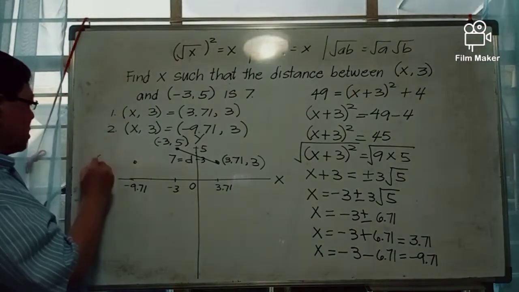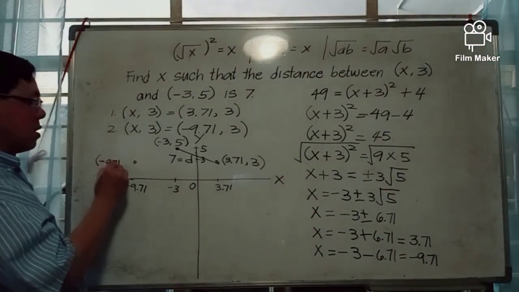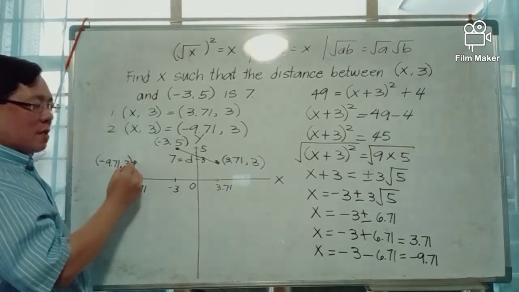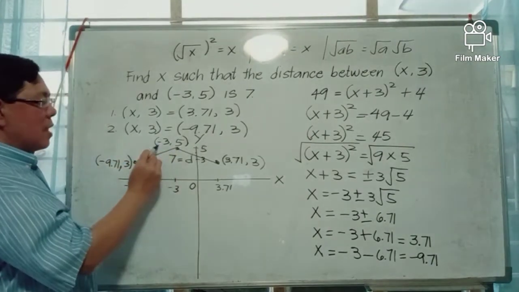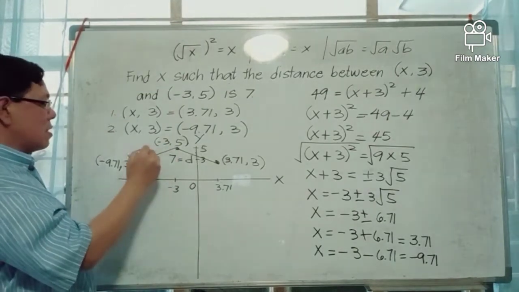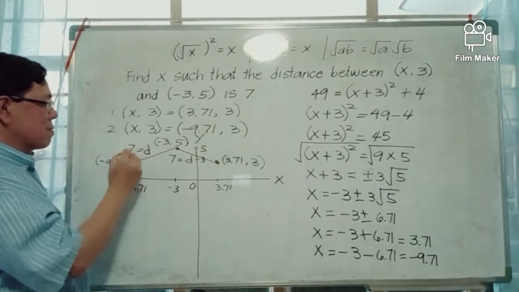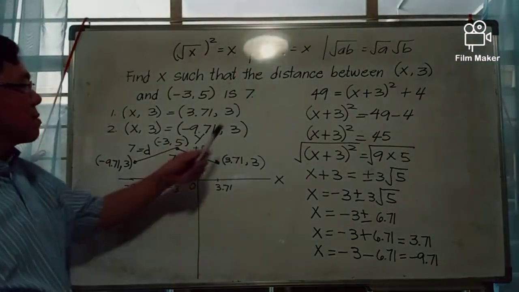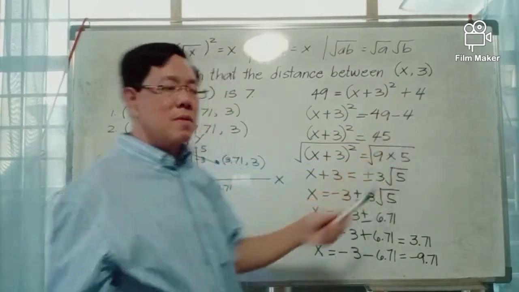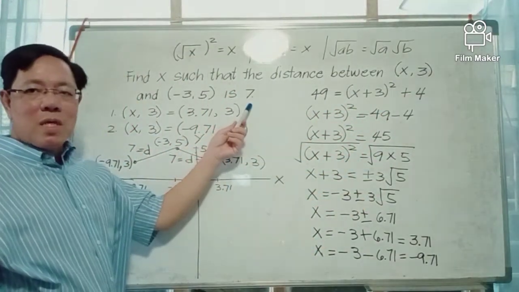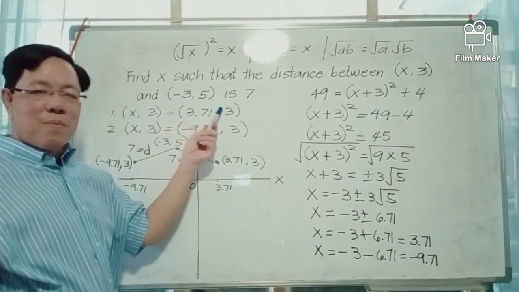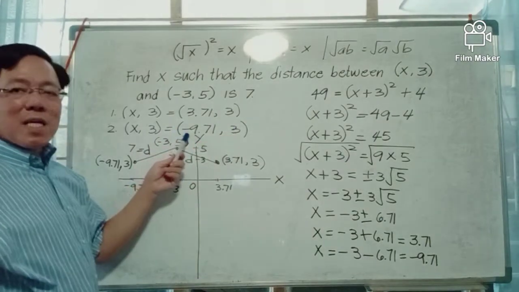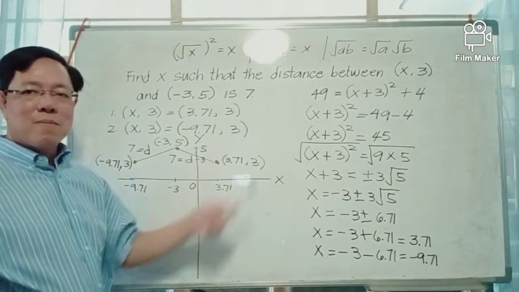This is the point (-9.71, 3). The distance of this point from (-3, 5) is also d, 7 units. Thus, there are 2 points (x, y) with the same distance of 7 units from the point (-3, 5). And these points are (3.71, 3) and (-9.71, 3).